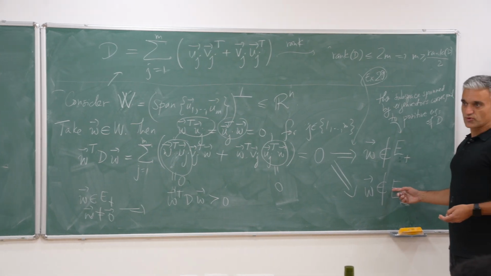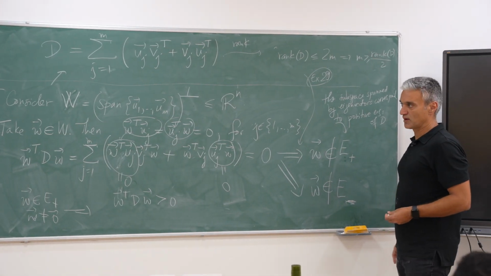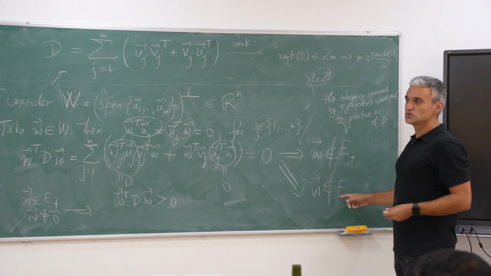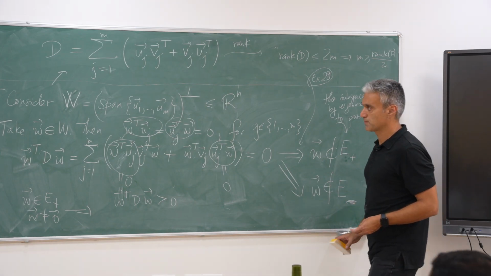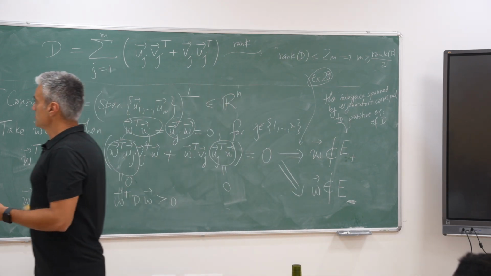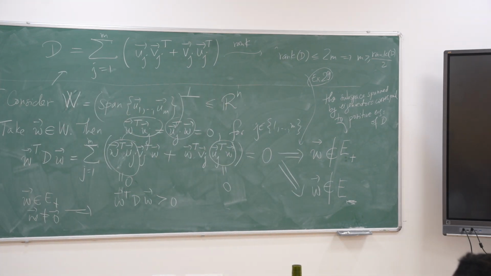And the same thing holds for all the negative ones: for those, you will be strictly less than 0. Now, how do you wrap this up?